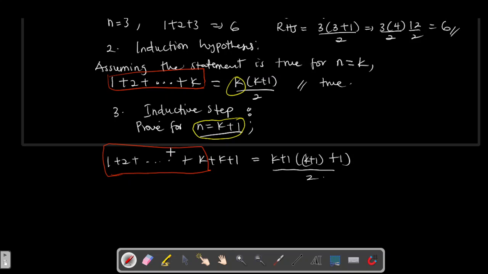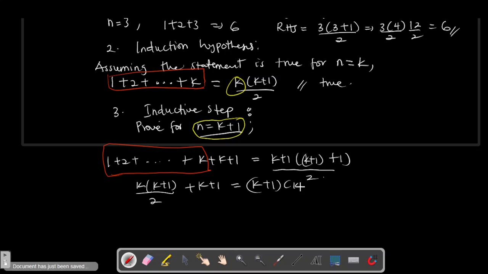So I can replace this whole hypothesis with what I assume to be true. With that, what I get is, I'll have this removed and I'll bring my k multiplying k plus 1 all over 2, plus k plus 1, is equal to my right hand side k plus 1. This now becomes k plus 1 plus 1, so k plus 2, all over 2.